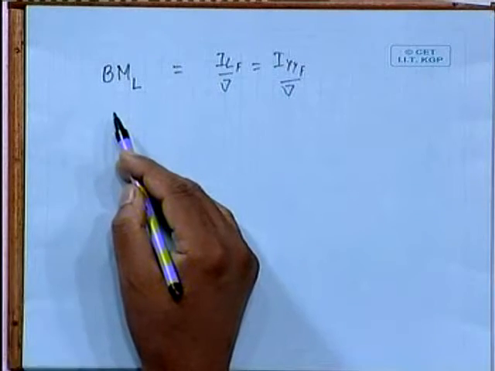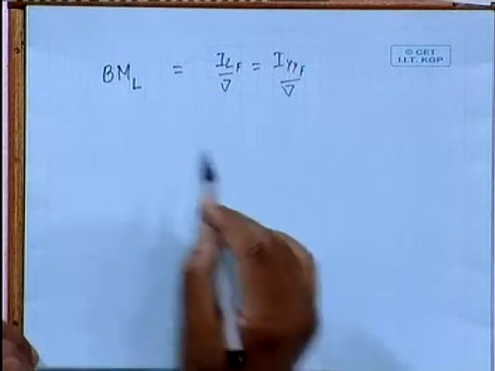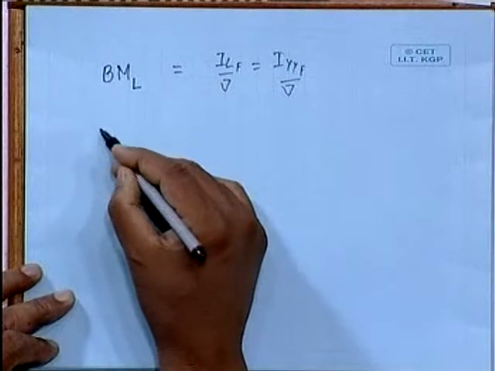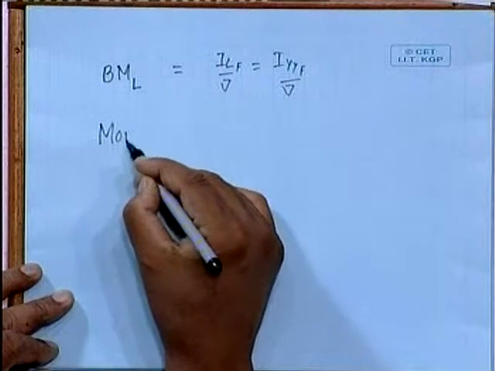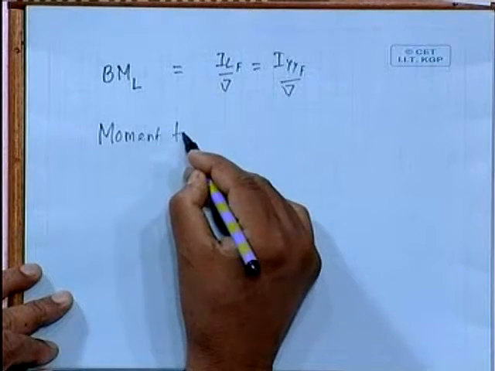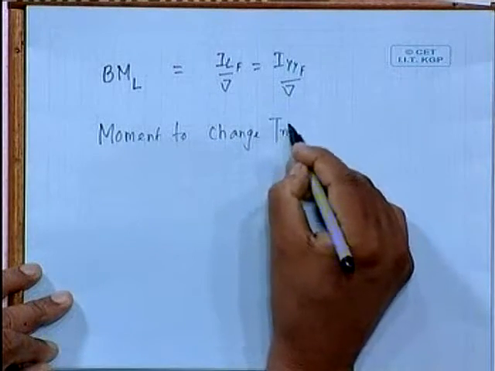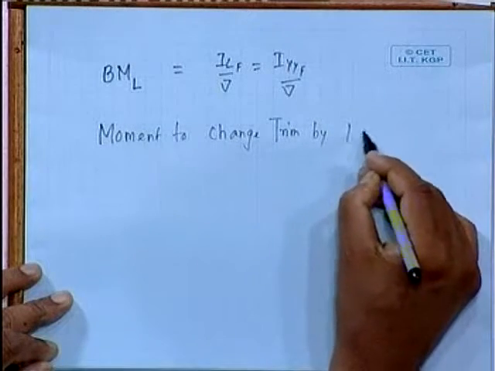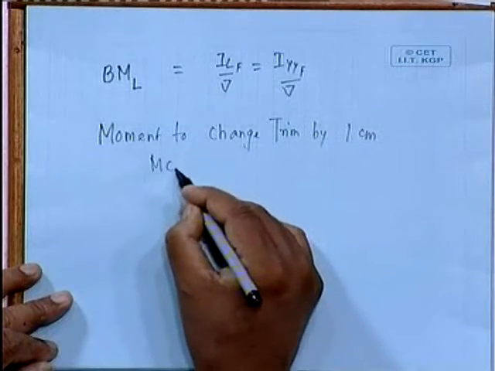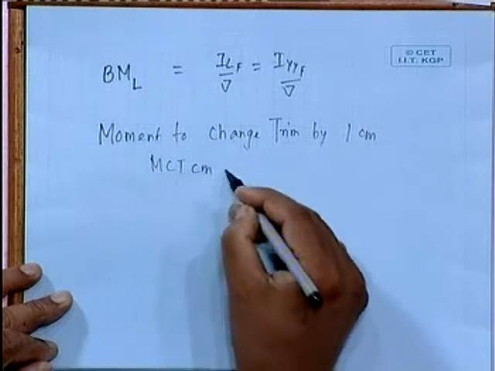But BM_L is of no direct use, generally speaking. What happens is that there is a term called moment to change trim by 1 centimeter, or MCT. Some people write that way.